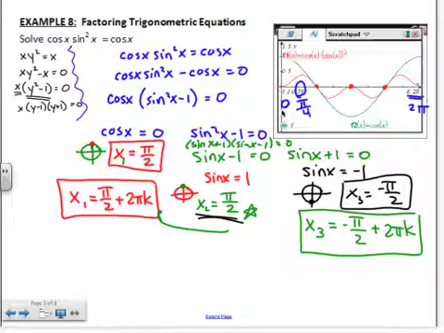So here's 1 pi over 4. There's 2 pi's over 4. There's 3 pi's over 4. There's pi. That's 2 pi. Here is 3 pi over 2.